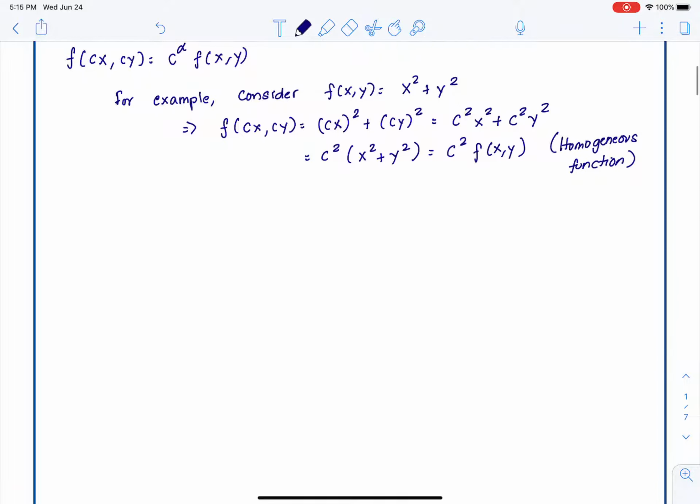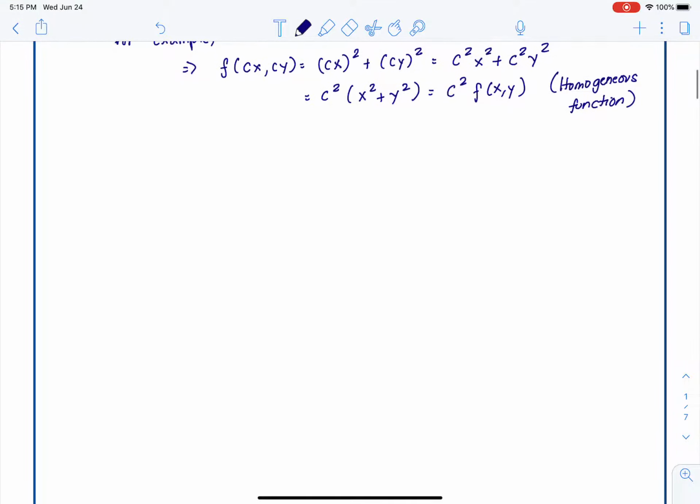So this is a homogeneous function. On the other hand, let's consider this example: f of x comma y equals x squared plus y, and I would want to do f of cx comma cy.